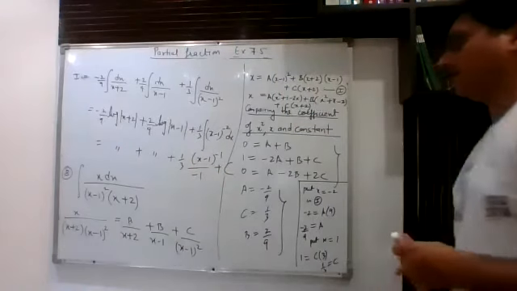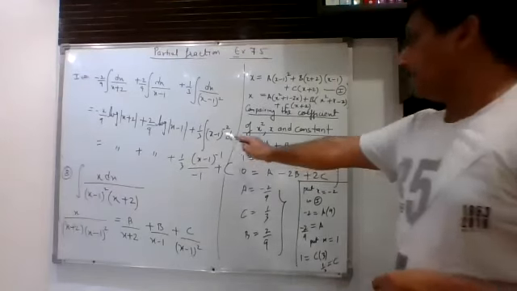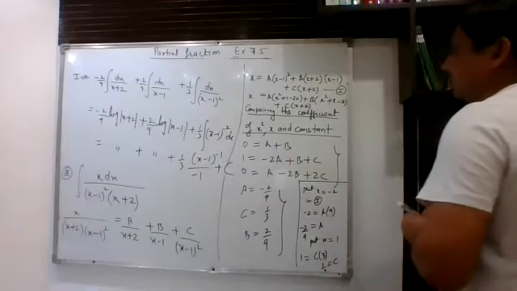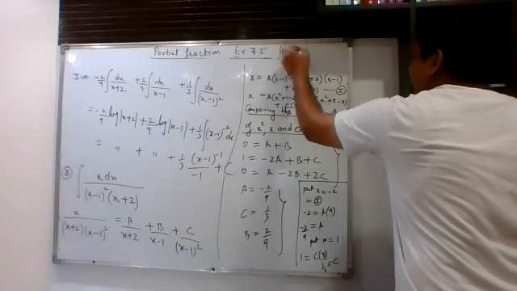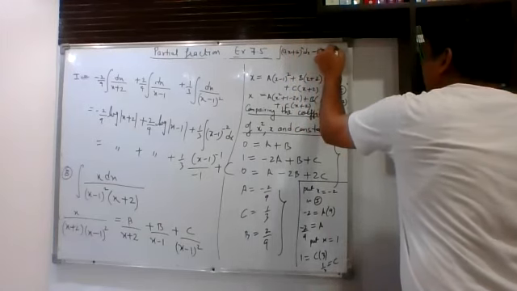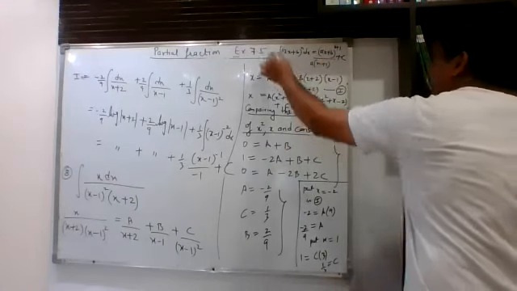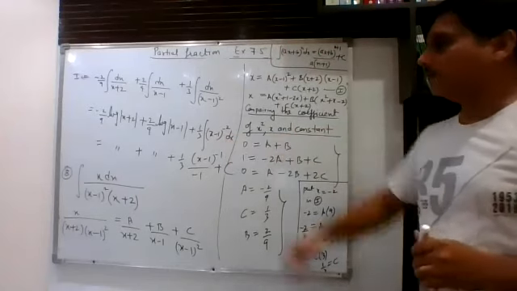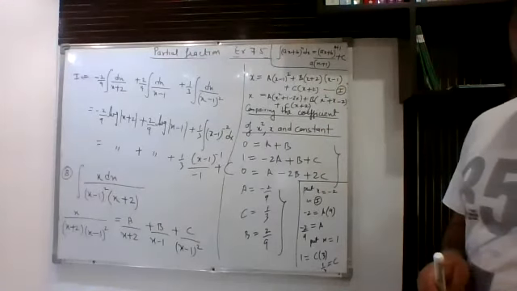So this will be your final answer. Here I am using extension formula number 1: integral of (ax plus b) to the power n is equal to (ax plus b) to the power n plus 1 upon (n plus 1) into a, plus c. This is what I am using here. So this is your final answer.